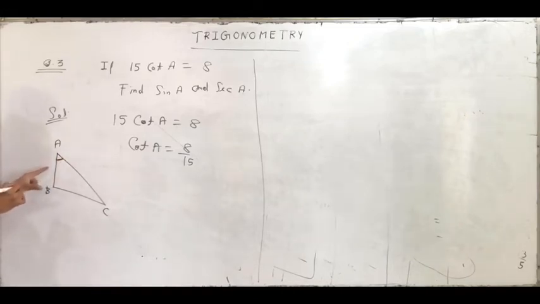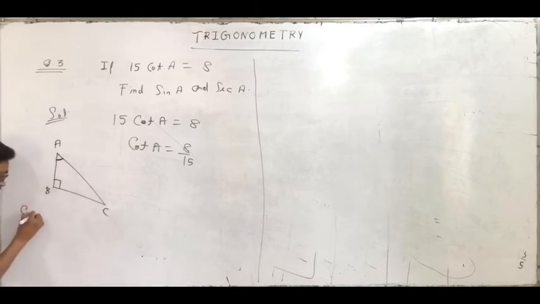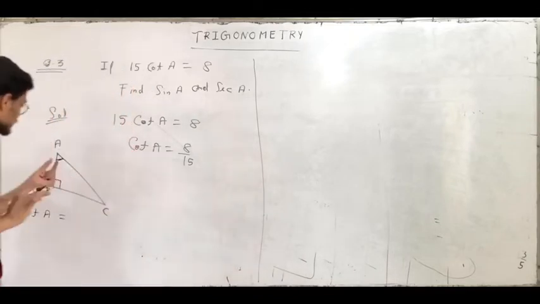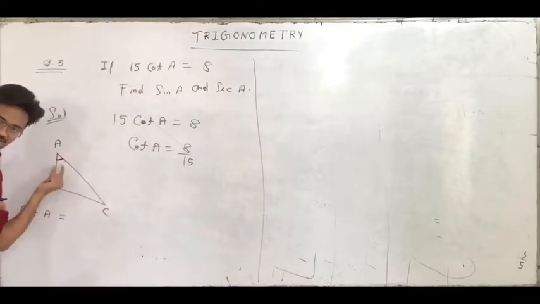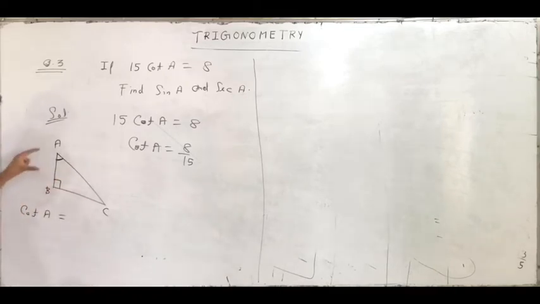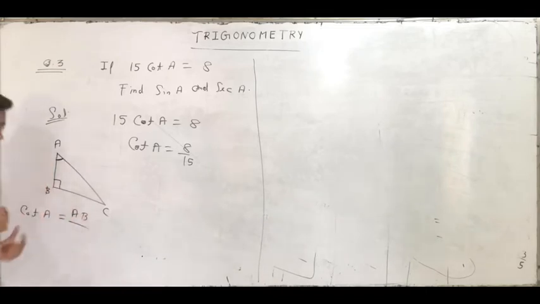I have made a triangle with angle B as 90 degrees. In this triangle, cot A is base upon perpendicular. For angle A, the side opposite to the angle is always the perpendicular, which is BC, and the base is AB.